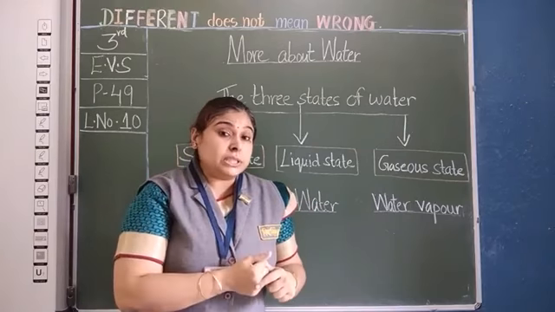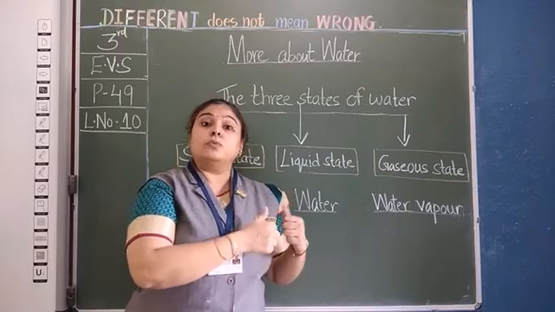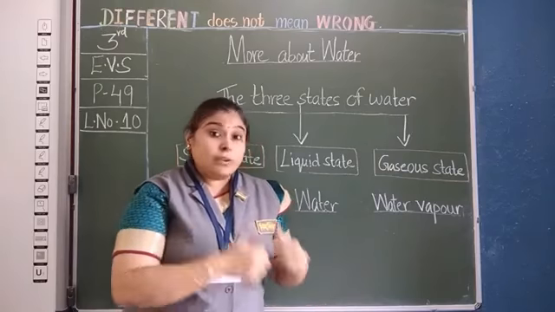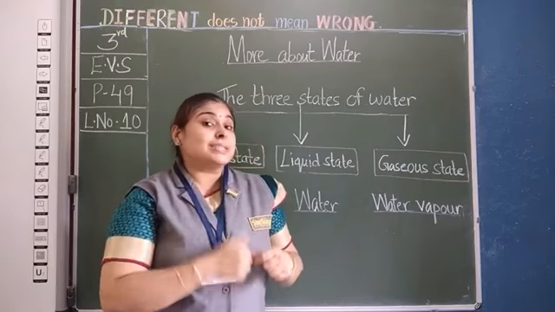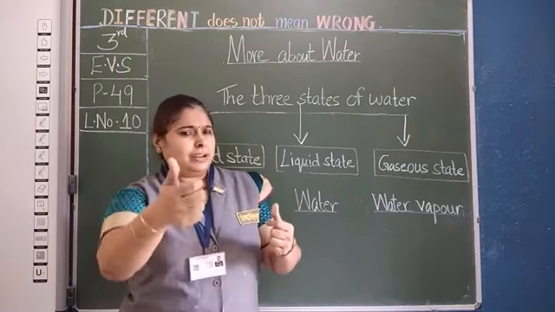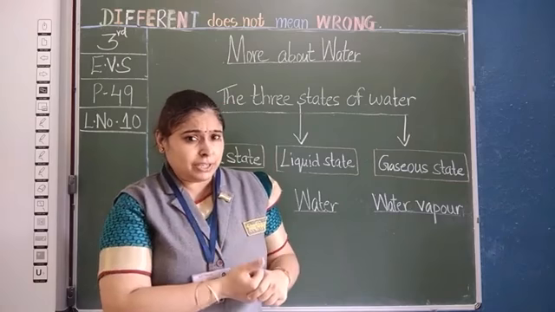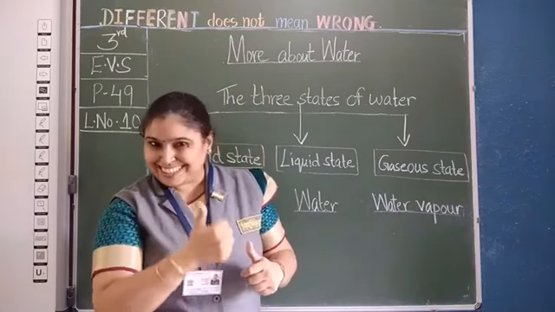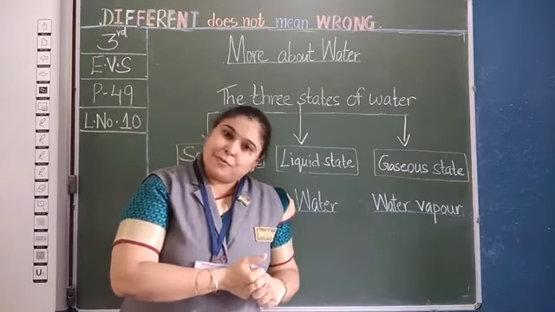What do the clouds contain? The clouds contain water droplets. What does snow contain? Yes, snow contains ice crystals. And rain, tell me, which form is rain? Yes, it is a liquid form.